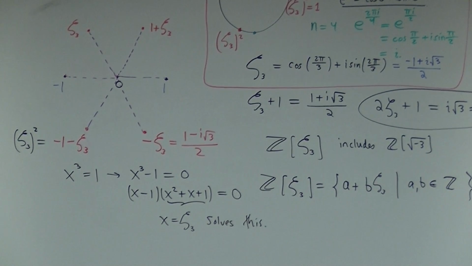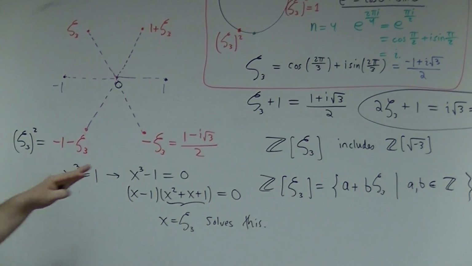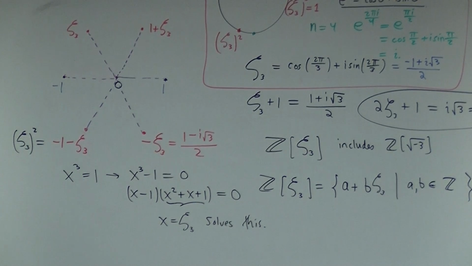My claim then, guys, is that Z adjoin the third root of unity, this new set of quadratic integers, does have the division property. I haven't shown you explicitly that Z adjoin square root of 3 doesn't have the division property. I just showed you some poisonous fruit from the fact that the division property fails.